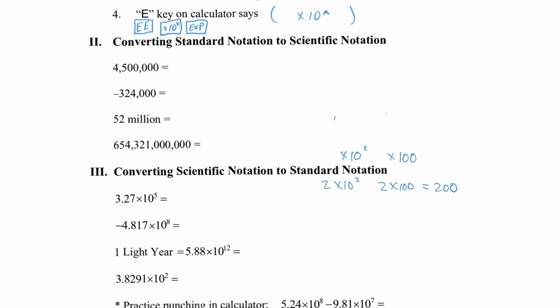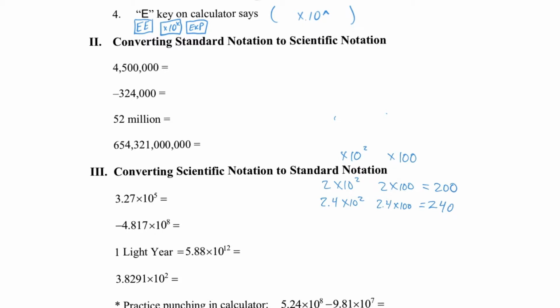I wouldn't write this stuff in blue, but does that logically make sense? Let me make it one step uglier: what if I had 2.4 times 10 squared? That's the same as 2.4 times 100, which would be 240. Does that make sense?